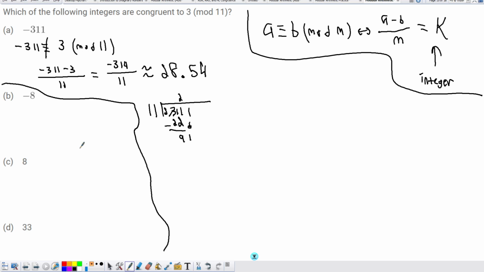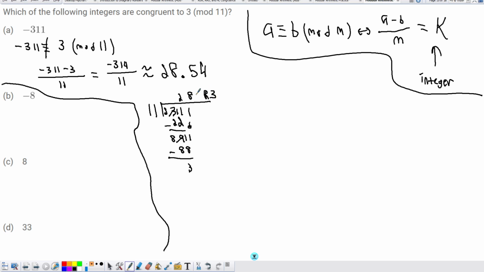Now, how many times does 11 go into 91? 8 times. Then we do the subtraction, 91 minus 88, which is 3. And that is going to be our remainder. So 28 with a remainder of 3.